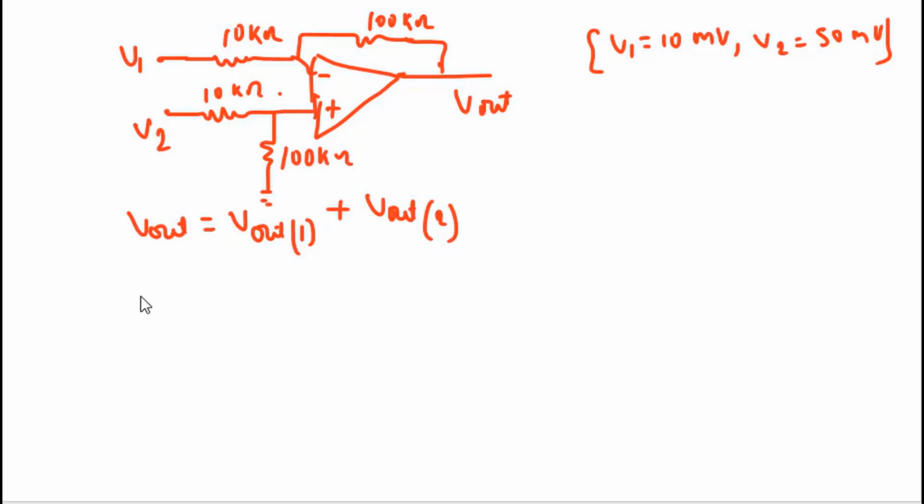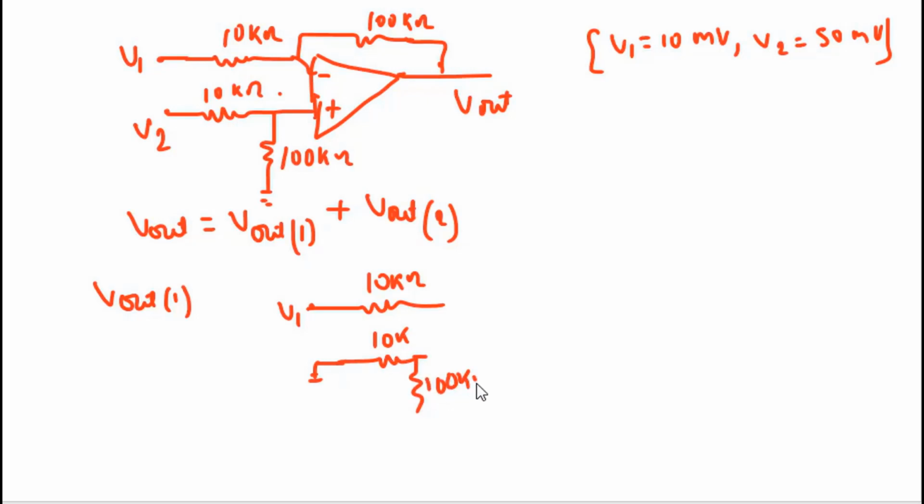To calculate Vout1, you will short circuit this V2. So your circuit can be drawn like this. This is your 10k ohm, this is your V1, and this is ground. This is 10k, this is 100k ohm, this is 10k ohm, this is ground, this is your non-inverting terminal, this is your inverting terminal, and this is the feedback resistor 100k ohm.